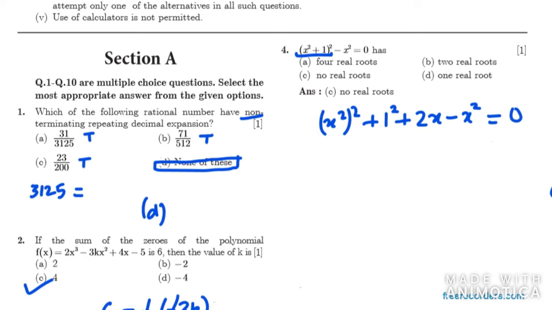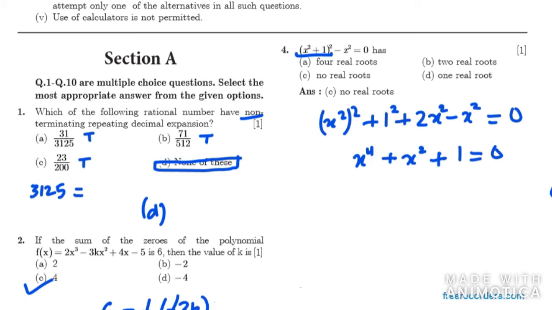Now the first be x4, then plus x square. This will be 2x square. That's why 2x square minus x square, then we have last term as 1, which is equal to 0.